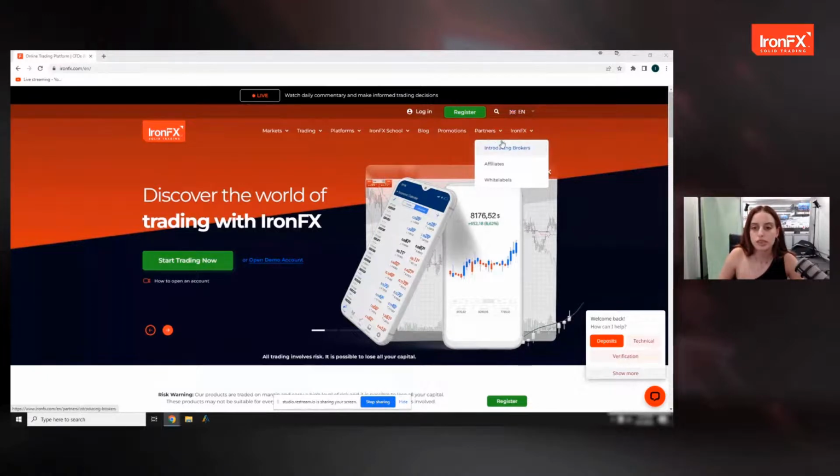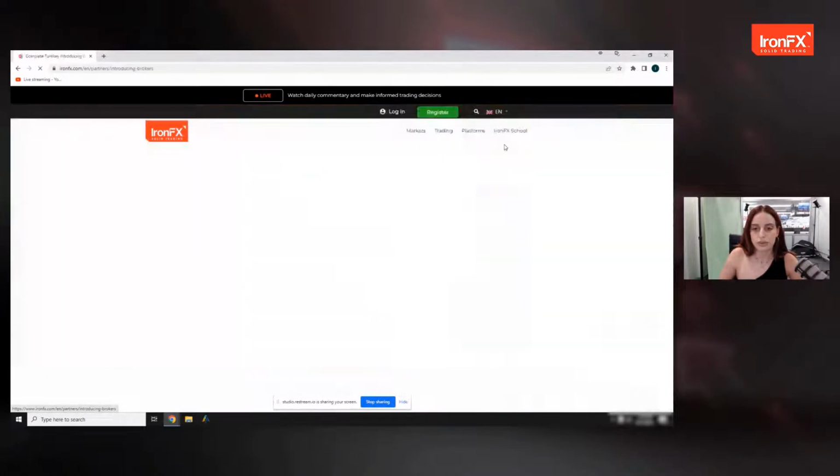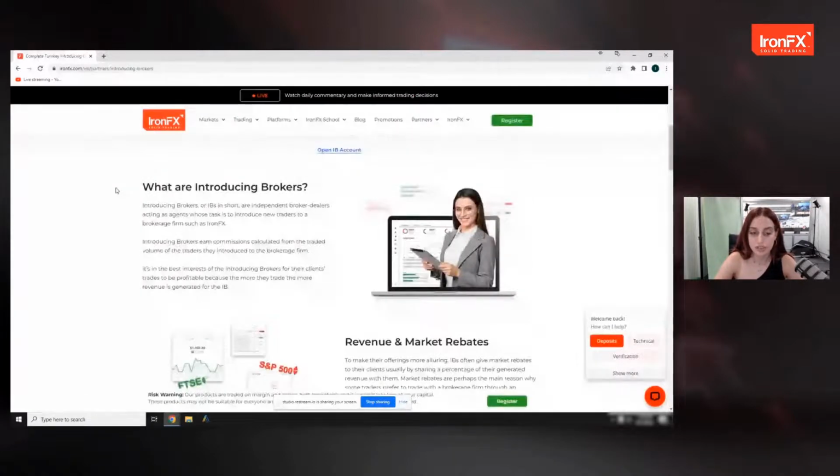So let's get started with the introducing brokers, also known as IBs. So let's go down and see what are introducing brokers. So let's read it together. Introducing brokers, or IBs in short, are independent broker dealers acting as agents whose task is to introduce new traders to a brokerage firm such as IronFX.